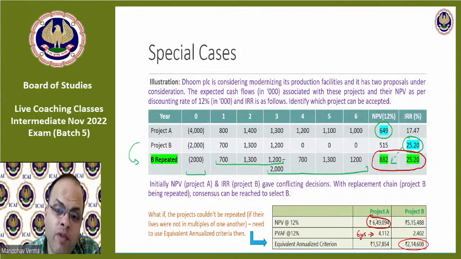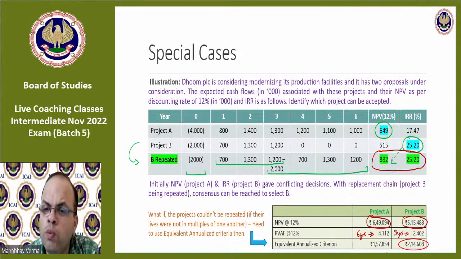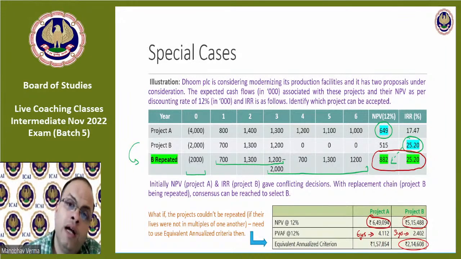We divide 6,49,000 by 4.112, we get 1,57,000. Similarly, Project B's NPV is 5,15,000 and the 3 years present value annuity factor is 2.4 and we get 2,14,000.